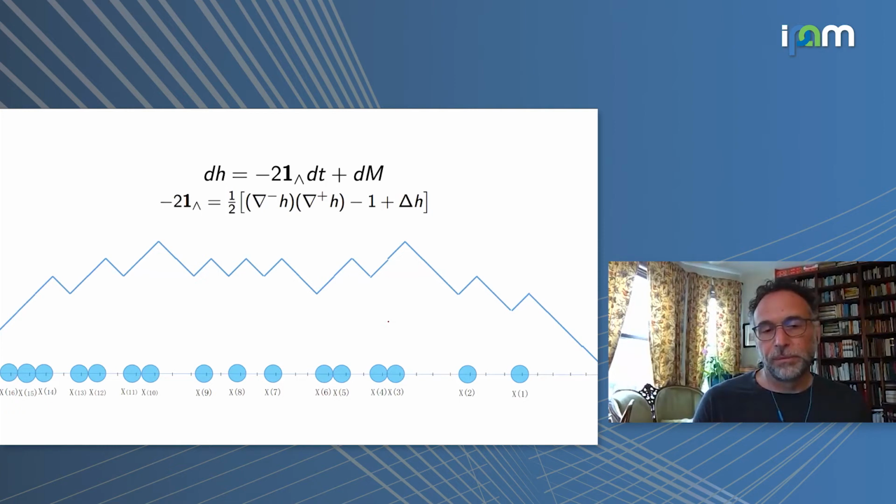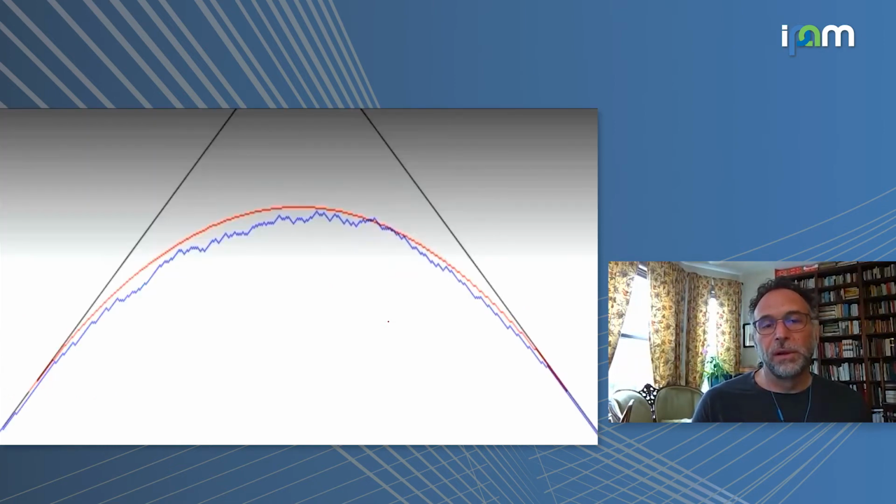Okay. So here's a picture of what happens if you start with the wedge initial data, which is just the black line. That was the initial data for the TASEP, and you run it for a while, and the blue line is what you see.